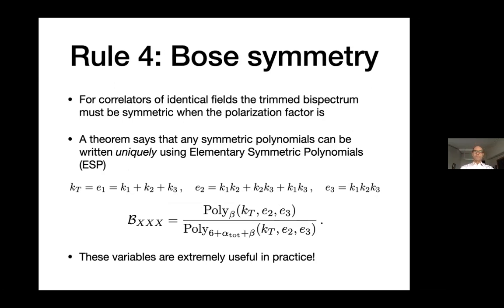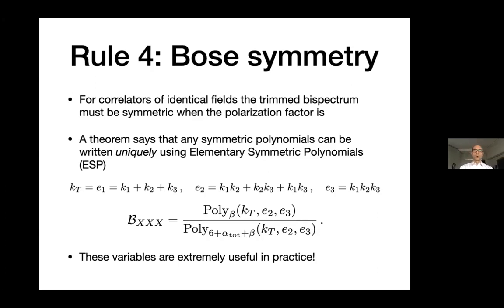Rule number 4 says that if you compute the bispectrum of 3 identical fields and the polarization factor is symmetric, then also the trimmed bispectrum has to be symmetric. And now we use an important theorem from the theory of symmetric polynomials that says that any symmetric polynomial can be written in terms of elementary symmetric polynomials. And for 3 variables, you only need 3 of them. They're written here. The first one is a good old friend, just k total, k1 plus k2 plus k3.